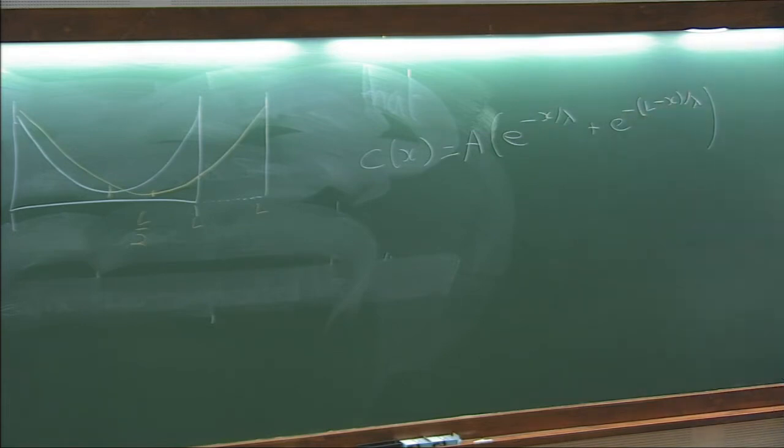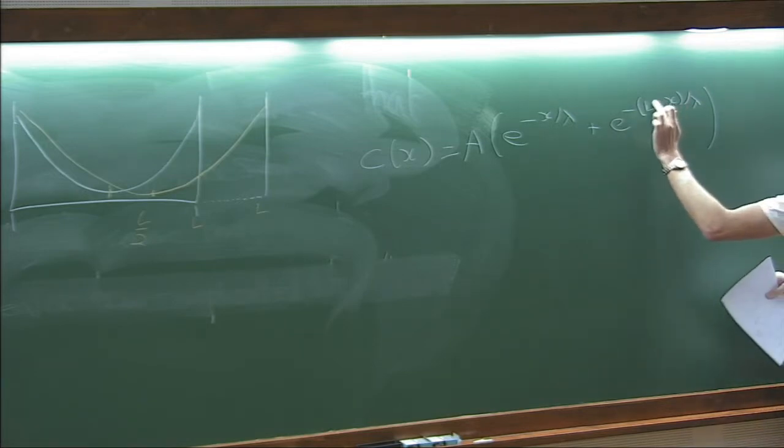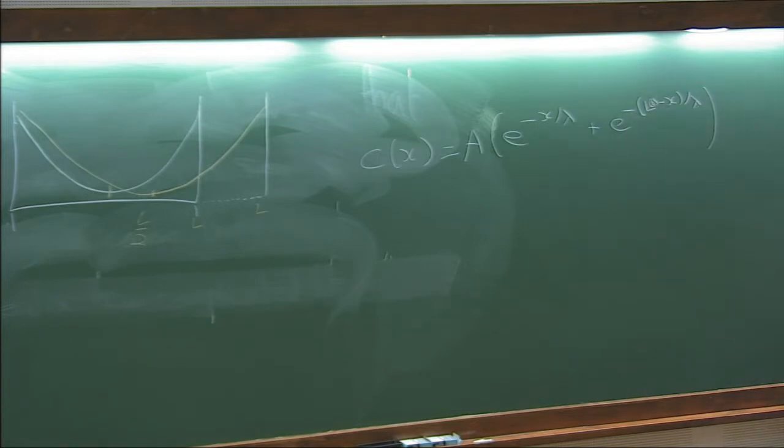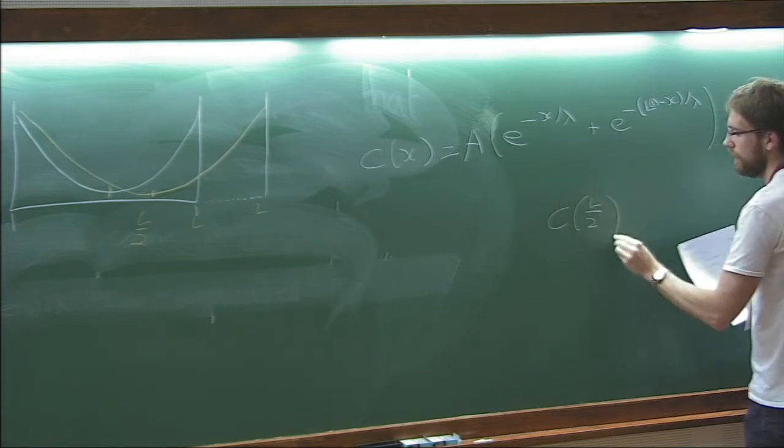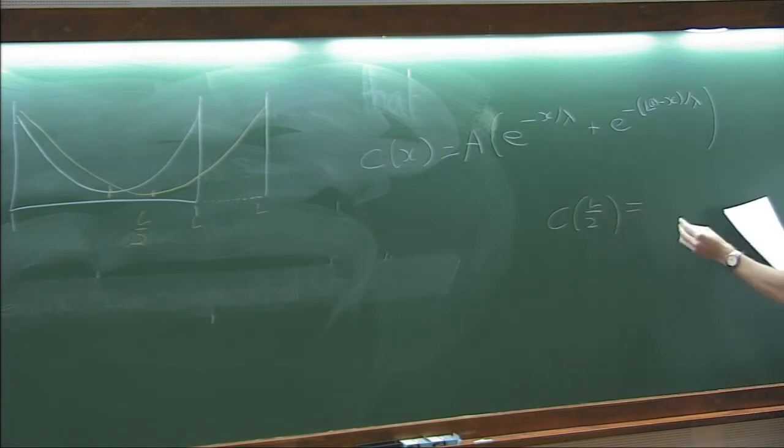So this is your gradient from the left, and this is your gradient from the right. And the key thing is that this is not just L, it's T. And so you can then ask, what's the concentration at the center of the cell, which is L over 2? And so you can just write that as 2A.